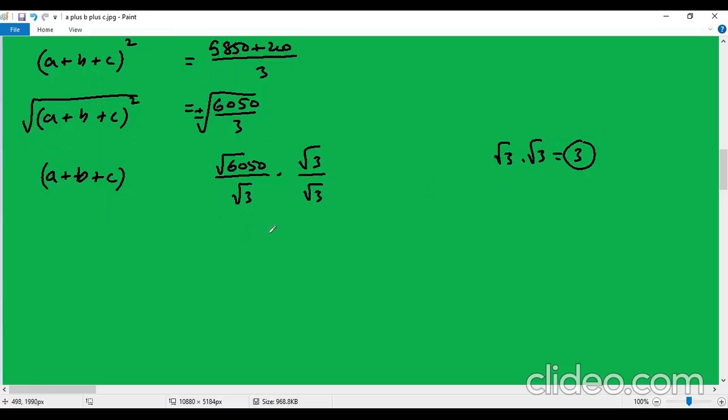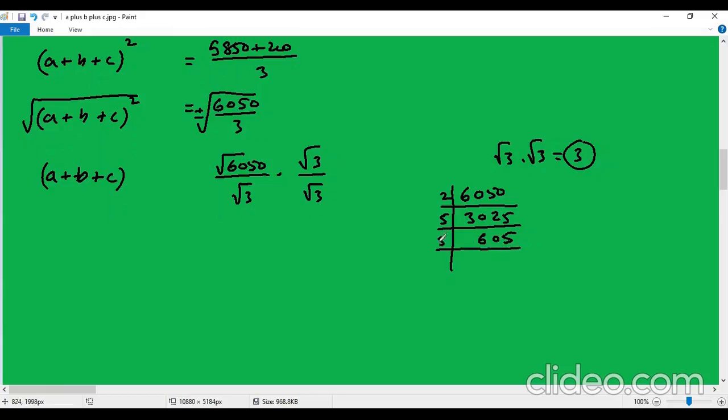Now, what does this mean? 6050, once we find all the numbers that can divide it, I begin like this. 6050 divided by 2 gives me 3025. Once we divide this by 5, what do we get? 5 times 6 is 30, and 5 times 5 is 25, so 605.